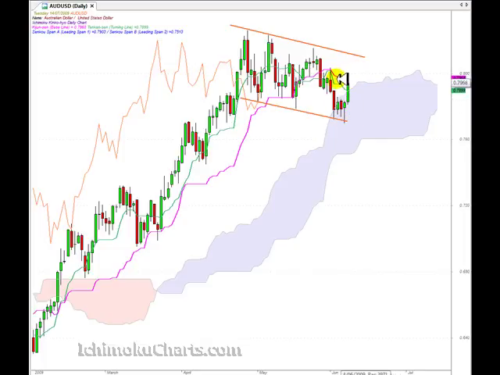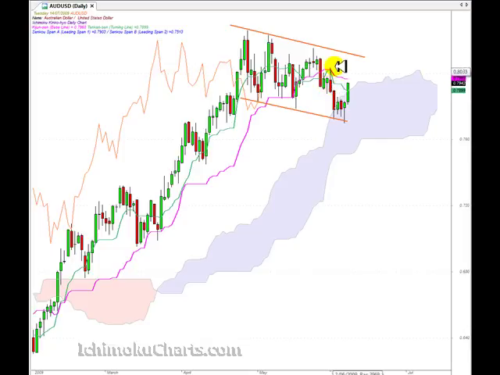Now we've taken out the Tenkan Sen as an area of resistance. The market hasn't found resistance there. So the next area that we'll look for resistance will be at the Kijun Sen. So we need to watch how the market behaves there. We also have a smaller swing high here with this candle, and there was strong selling coming in as the market traded around 80.